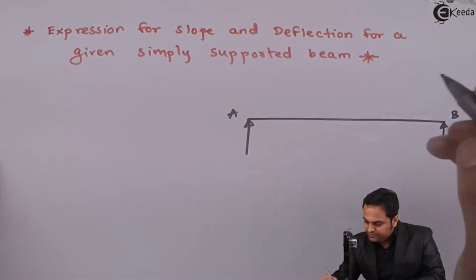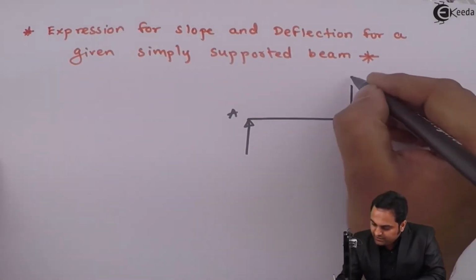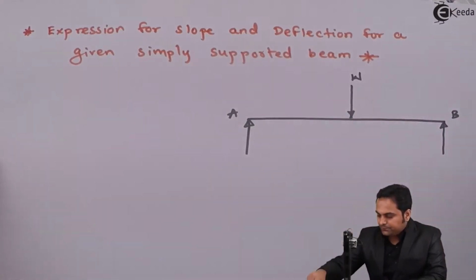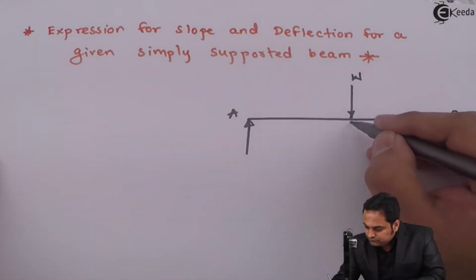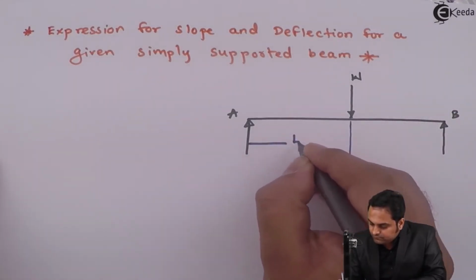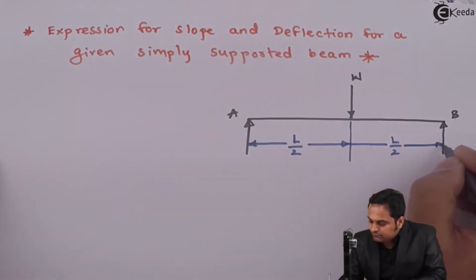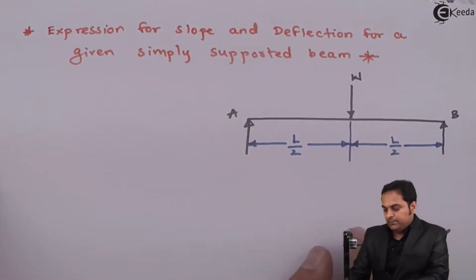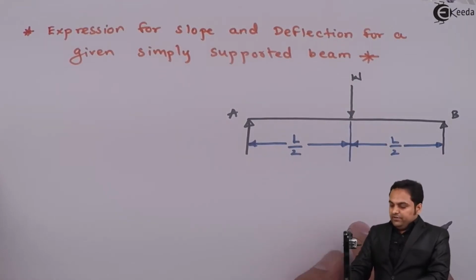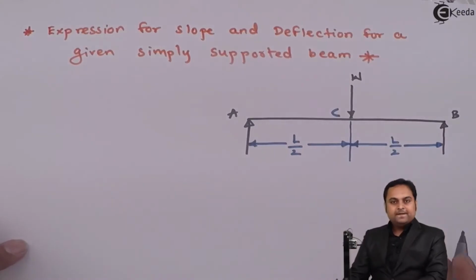Here I am considering a simply supported beam which is carrying a point load W. Now here I am considering that the load is acting exactly at the center.